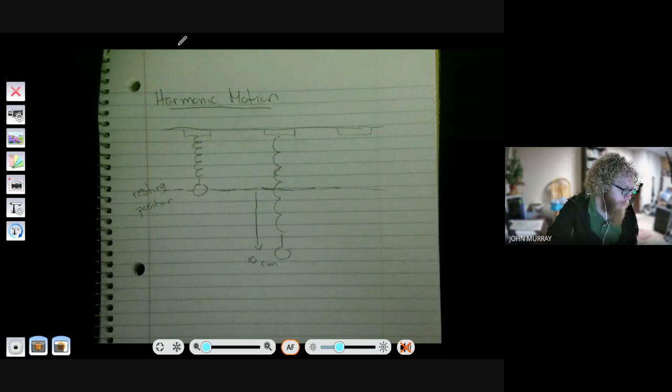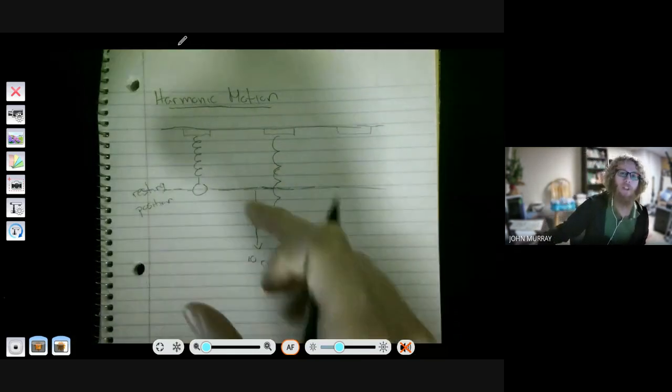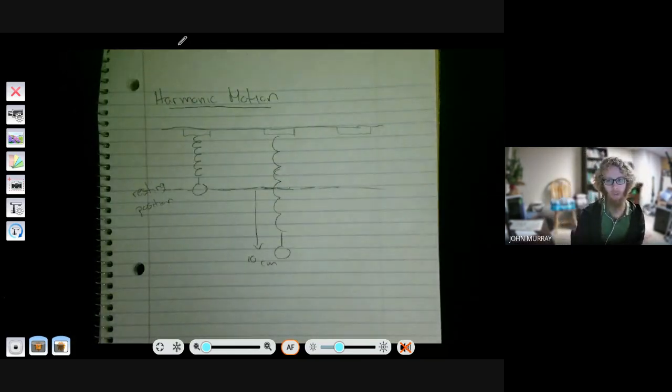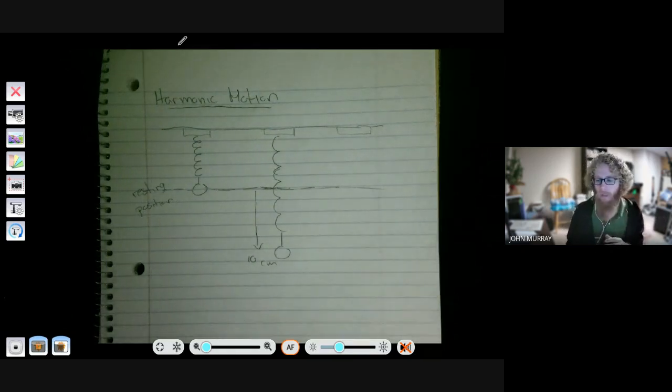So there's something in science called the conservation of energy, right? Energy cannot be created, and it will not just disappear. It goes somewhere, right? So we're putting energy into the system by pulling the spring down. Now, normally we have things like air resistance and friction that take away the energy gradually, right?